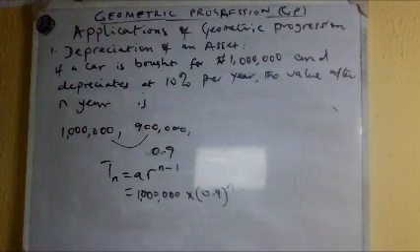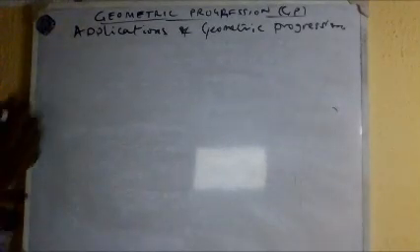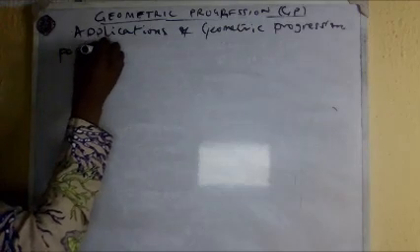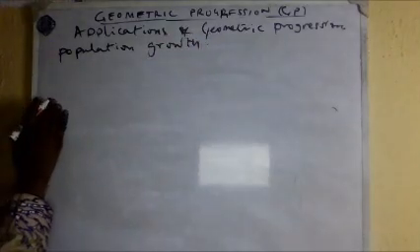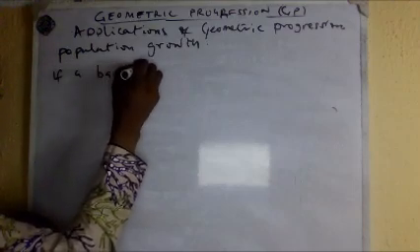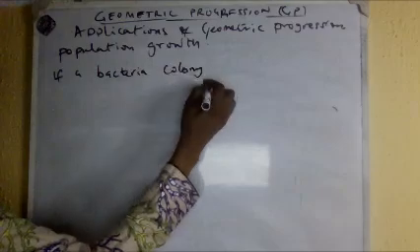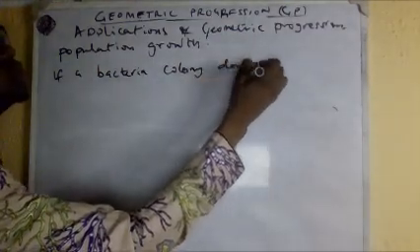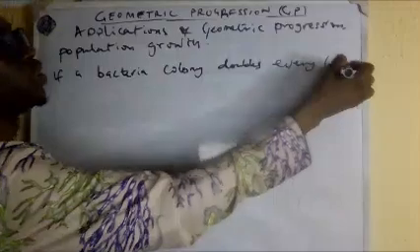Okay, so population growth. Another way we can apply it, let me put it on the board. Population growth. So if a bacteria colony doubles every hour, you see where the common ratio is coming up?